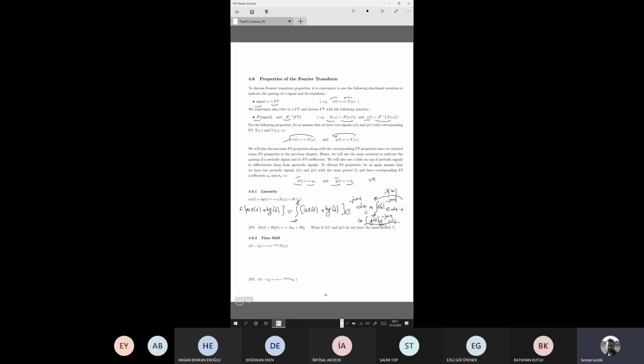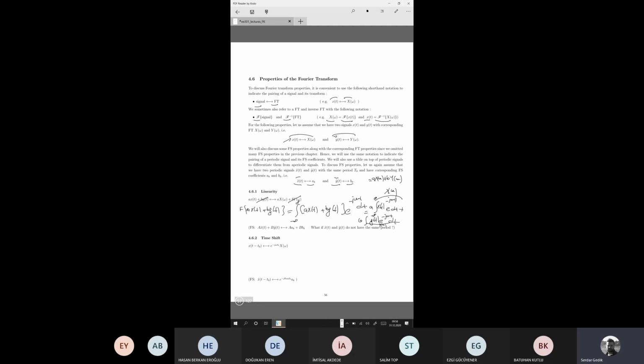So in the end I have a times X of omega plus b times Y of omega. So this is the Fourier transform of a x of t plus b y of t. So linearity tells you this. Well, you can simplify this. If you have only a x of t at the input, of course you have a X of omega at the output. And this is, remember, the homogeneity property. So scaling, if you scale a signal, the Fourier transform is also scaled.